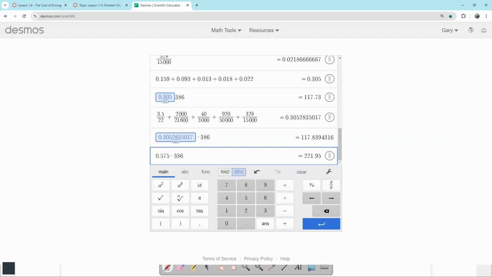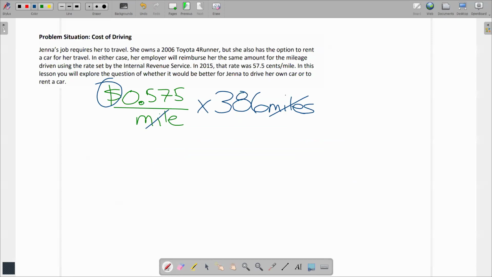Yeah, okay, so that's a good question. Let's go back to that over here. So here, they're telling me it's 57.5 cents, right? I wanted to rewrite that as dollars. So if we ignored the 0.5 for a second, 57 cents is $0.57, right?